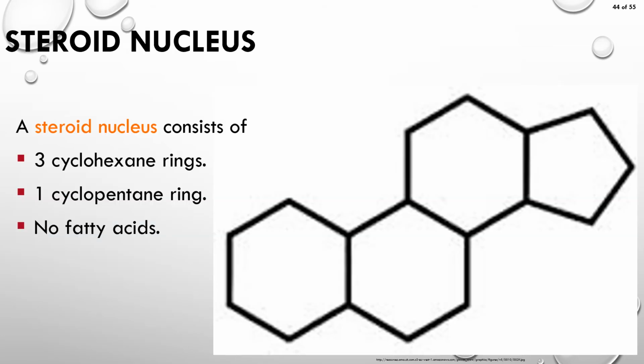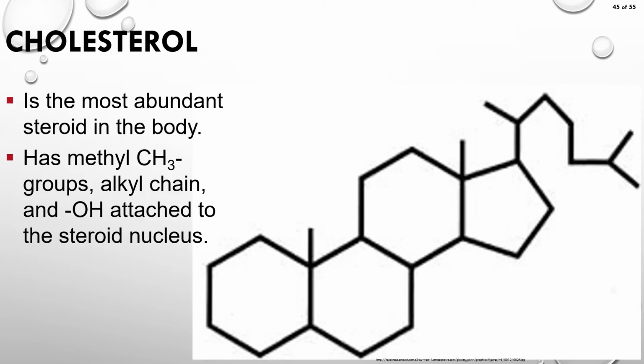Okay, so we have been mentioning cholesterol in the earlier slides. Cholesterol has the steroid nucleus, which I already showed to you. This steroid nucleus consists of 3 cyclohexane rings and 1 cyclopentane ring. There is no fatty acid here, but still this is considered a lipid.